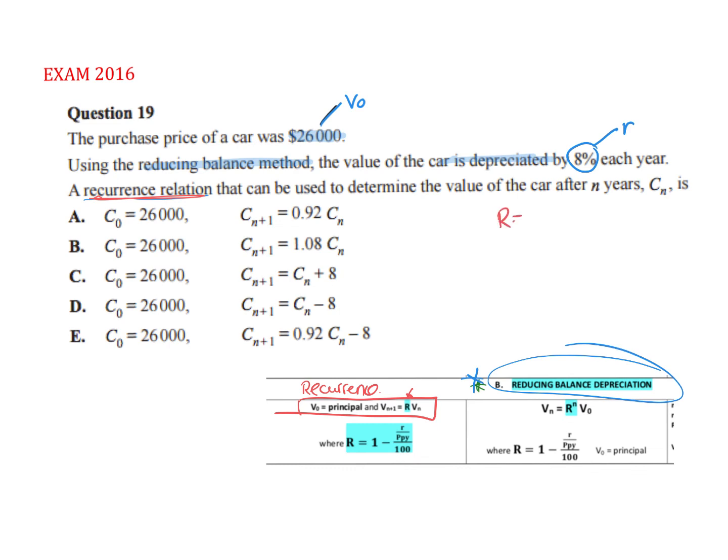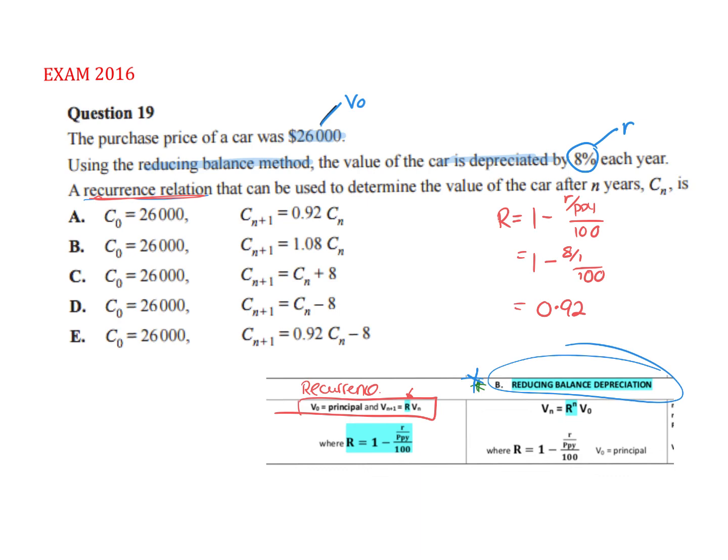So the R is calculated, I'm just using the formula there, it's 1 minus R over PPY times 100, that's how many times a year. So if we look in this example, they're just saying every year, so we're going to say 1 minus 8 over 100, and you'll end up with 0.92.